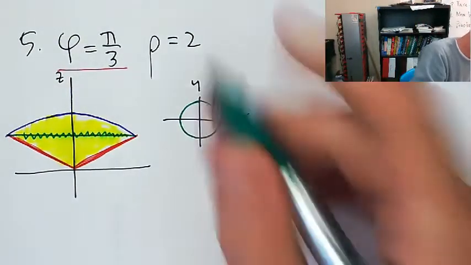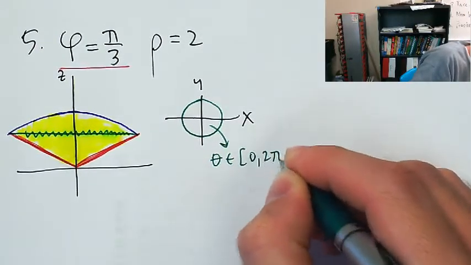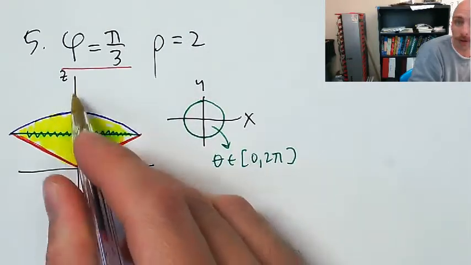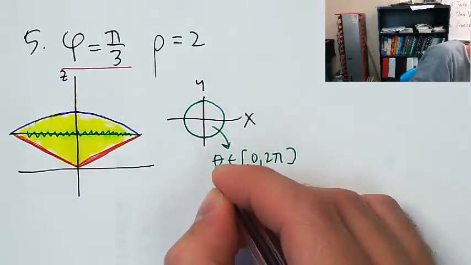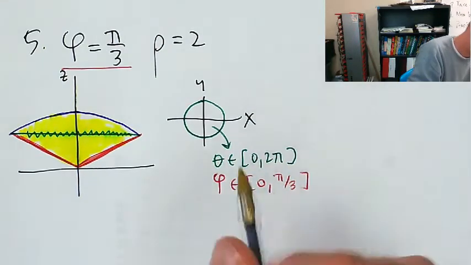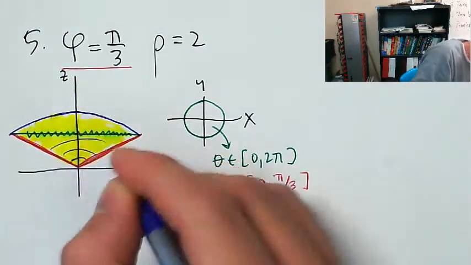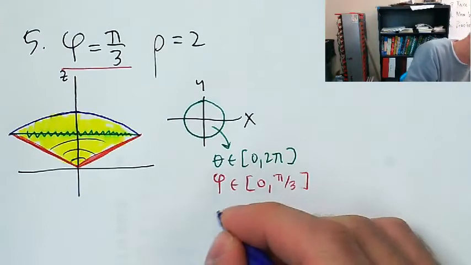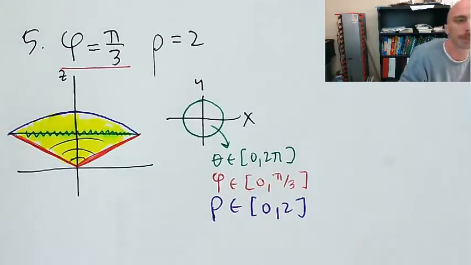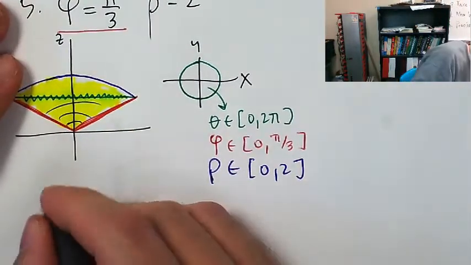Okay, so this is all just to say that theta is between 0 and 2 pi. Phi runs from 0 out to pi over 3. And rho starts at the origin and then expands out. Rho is between 0 and 2. Okay, so we can just set up a little triple integral.